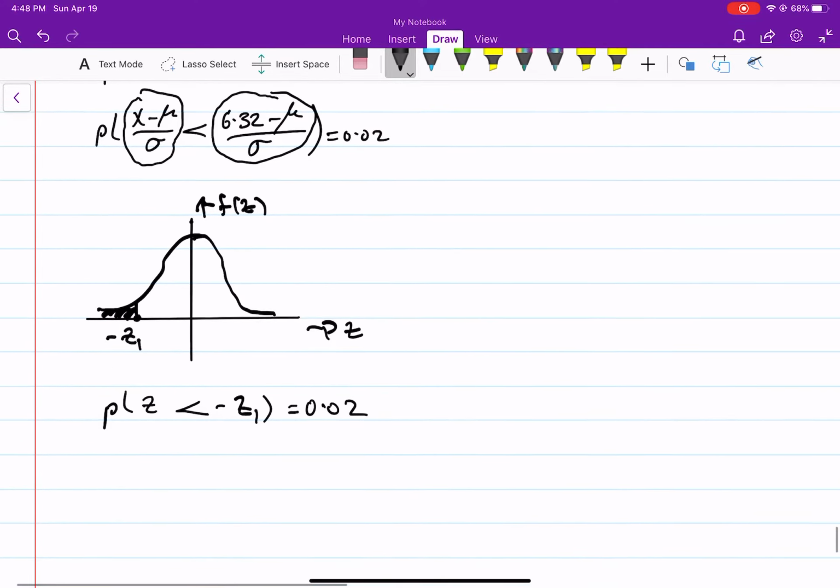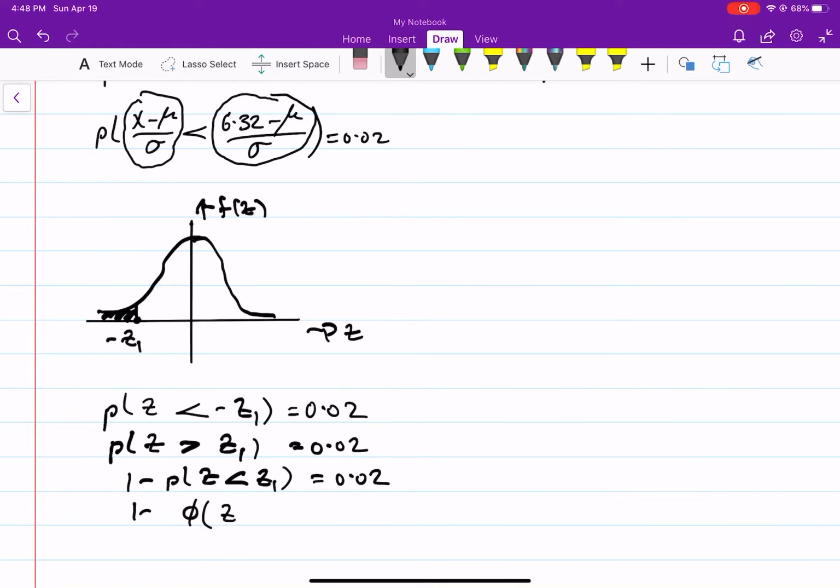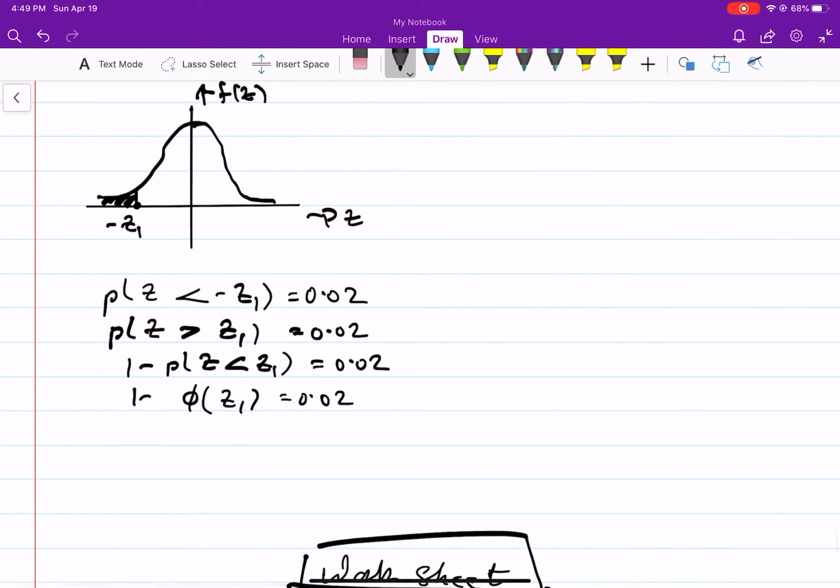Less than negative Z1 is the same as the probability that Z is greater than a positive Z1. That's 0.02. And that's the same as 1 minus the probability that Z is less than Z1. That's 0.02. 1 minus phi of Z1 is 0.02, which makes phi of Z1, making it the subject, 1 minus 0.02, which is 0.98.